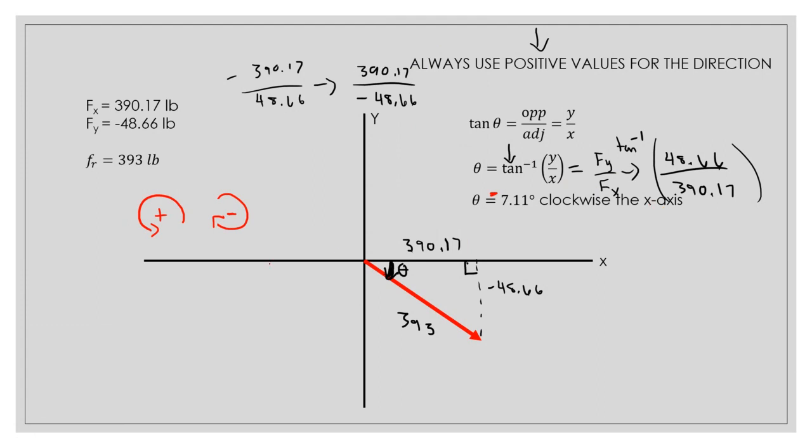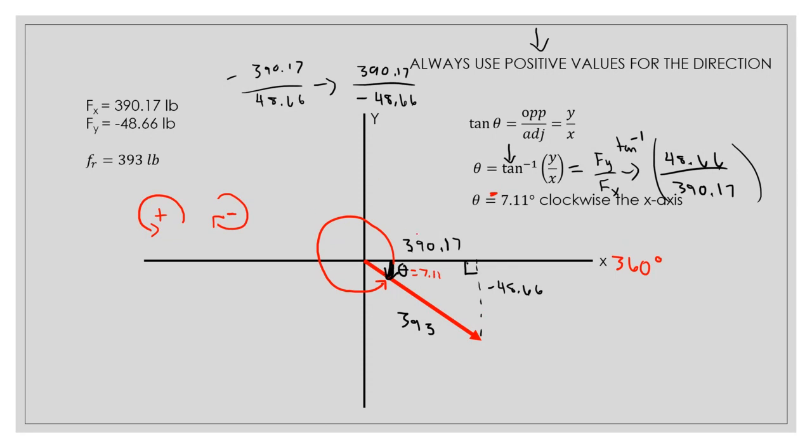Usually they ask for the counterclockwise angle. They want this angle instead, where you start at the x-axis and work all the way around until you reach that point. A circle has a total of 360 degrees, and we know this angle right here is 7.11.